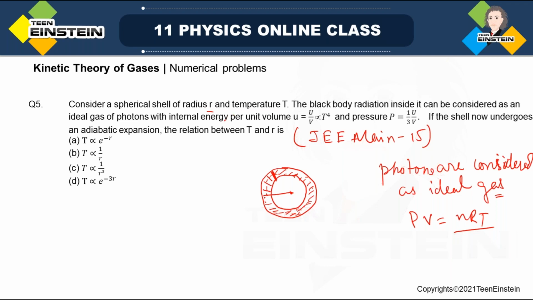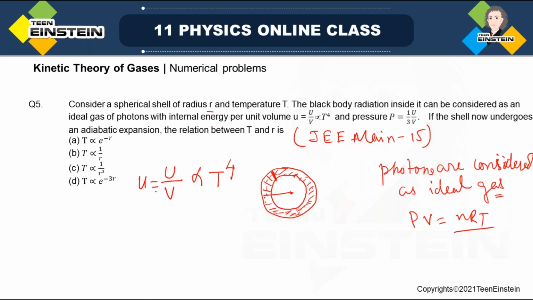So here the internal energy per unit volume, which is the capital U, the total internal energy divided by total volume, is the volume density of internal energy, and that varies as T to the power 4.